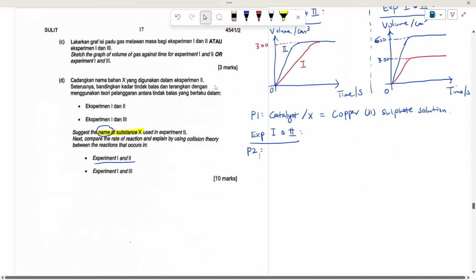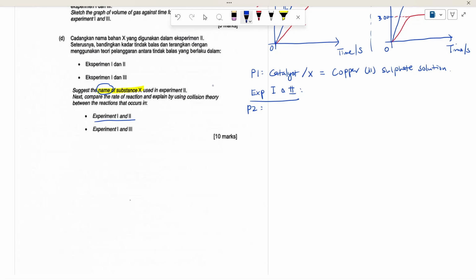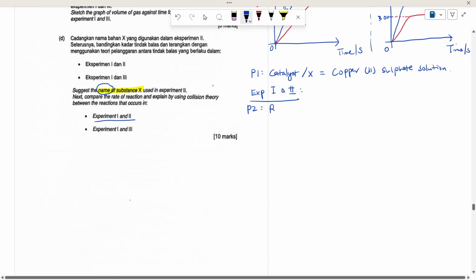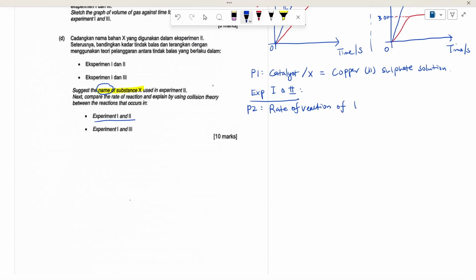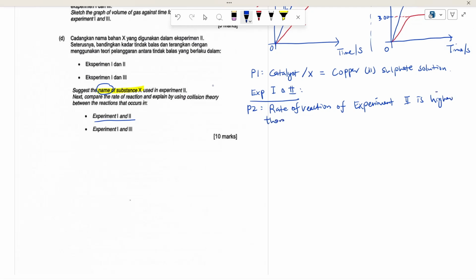So we directly mention the rate of reaction of experiment 2 is higher than experiment 1.